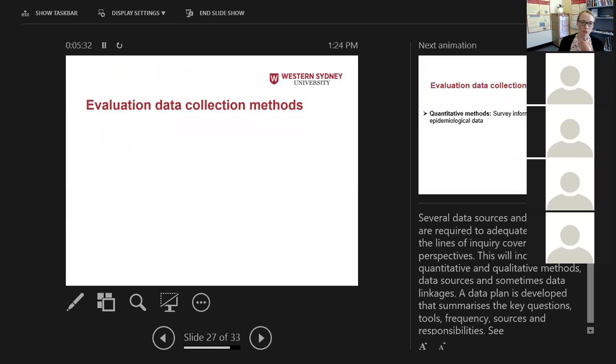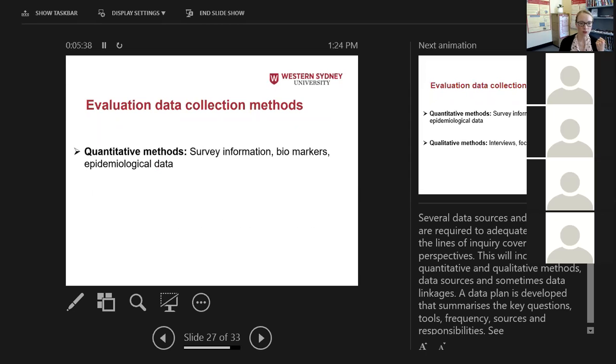How do we then implement those designs and look at actual data collection methods? So we're looking at our quantitative methods, if you're looking at more RCT methods, or it could be observational, cross-sectional, using your survey information as well.